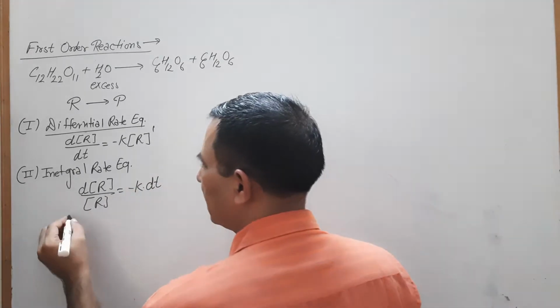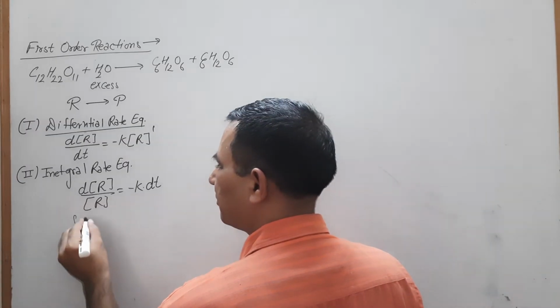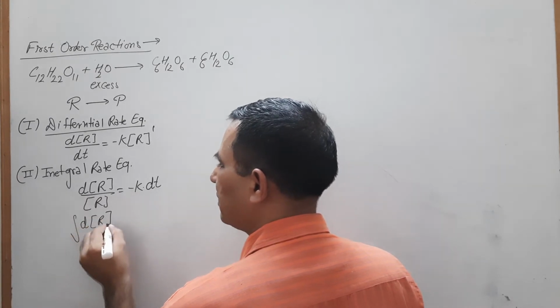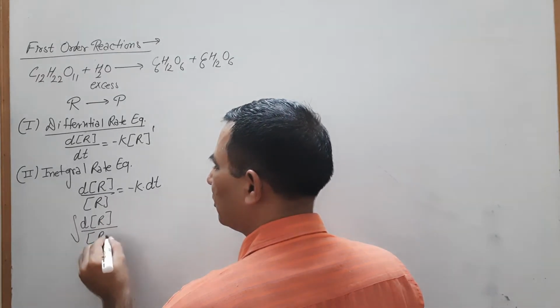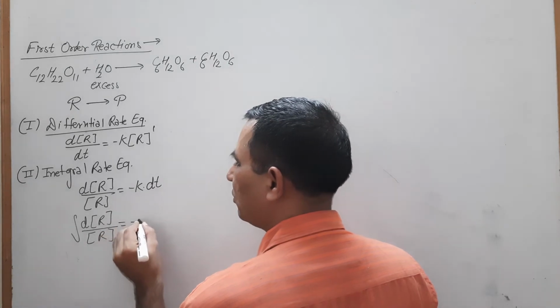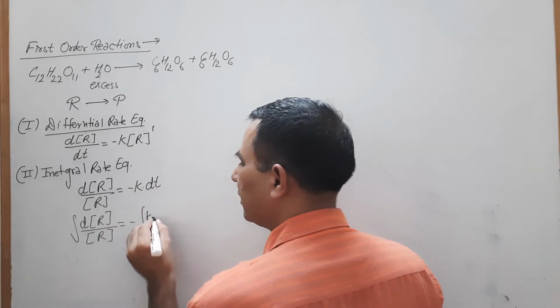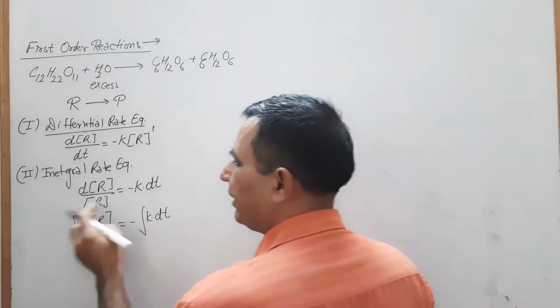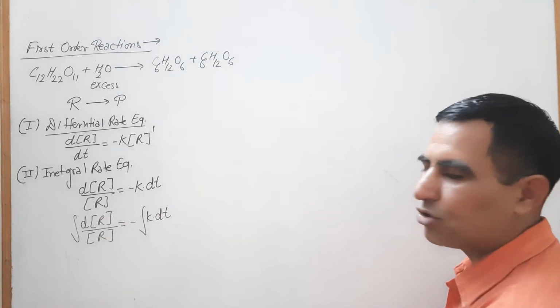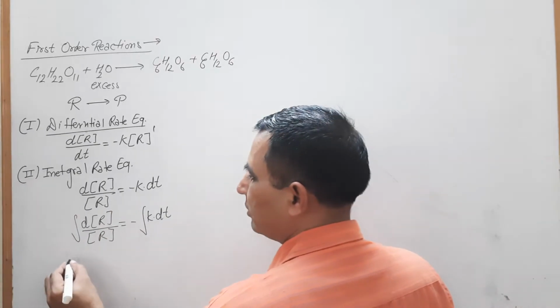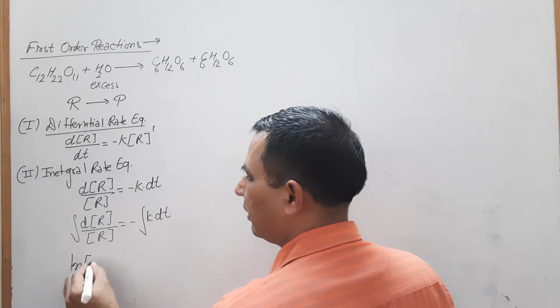Now it comes in integration form. We can easily integrate it. Integration of dR by R equals minus integration of k dt. The integration of dR by R is ln R.